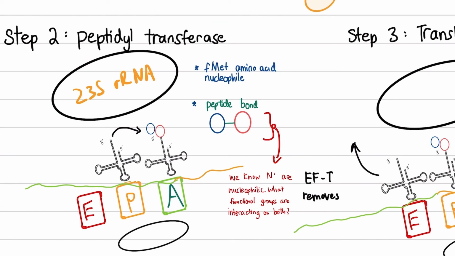The second thing that happens is peptidyl transferase. Peptidyl transferase is really just the process through which the peptide will start to grow and the tRNA will go into the next position. So what happens essentially is the second tRNA's amino acid will nucleophilically attack the FMET amino acid.